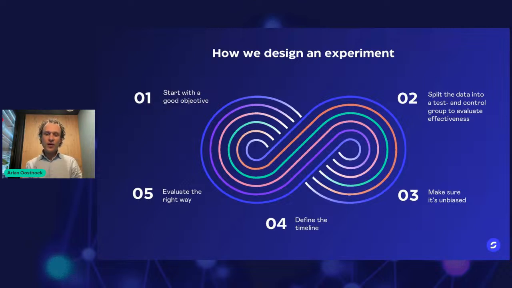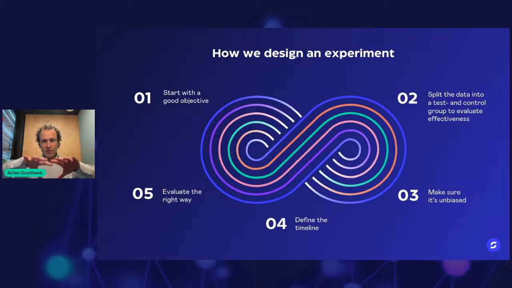The second step is that we split the data. If we have the scope of the product sensitivity defined, we want to split the data into a test and control group. As I already mentioned earlier, this could be on a product level, channel level, or customer level.